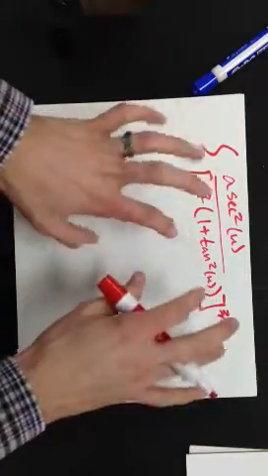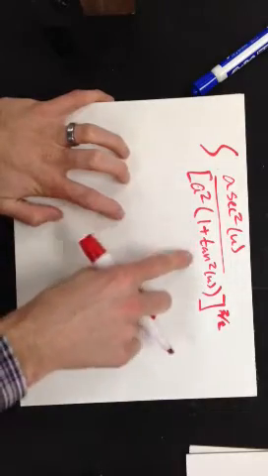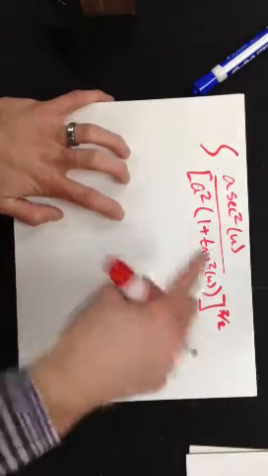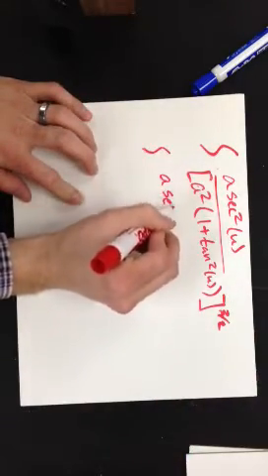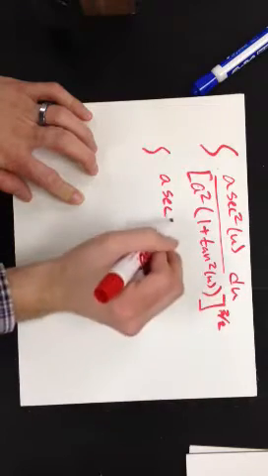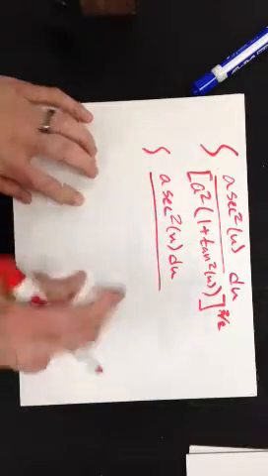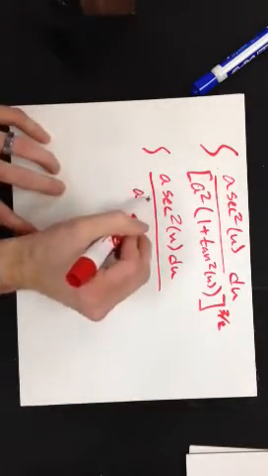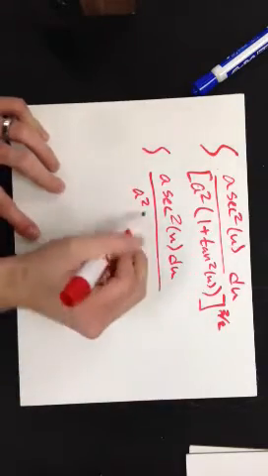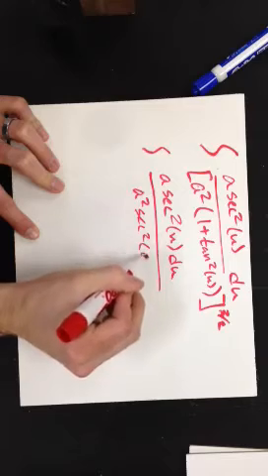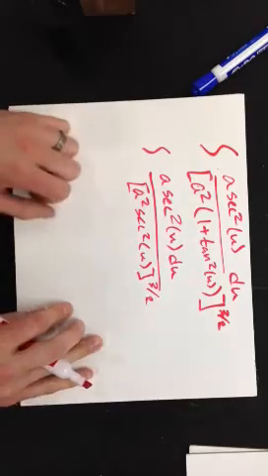Now I apologize for my parentheses in parentheses here, but I'm in a bit of a hurry. Now we said that 1 plus tan squared u was secant squared. So this becomes a secant squared u du over a squared times secant squared u, all of that taken to the 3/2.